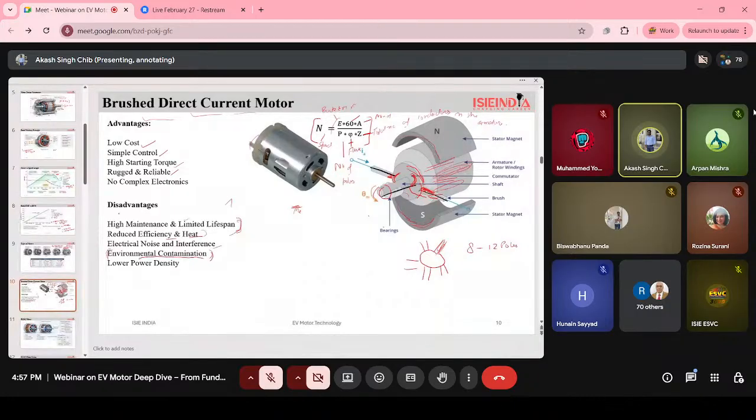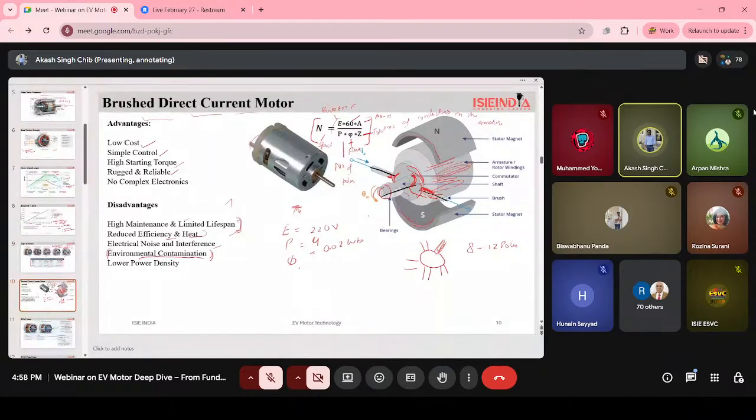Now let's take an example. Suppose E is 220 volt, that is our back EMF. You have to calculate it for me. We can take the back EMF as 220 volt, and we will take 4 poles for a simple calculation, and phi we can take as 0.02 Weber.